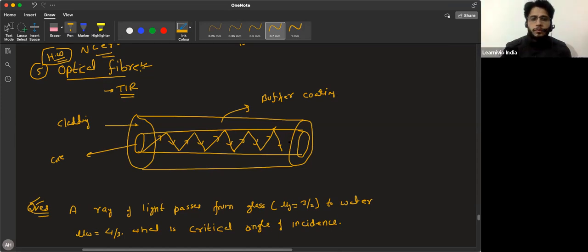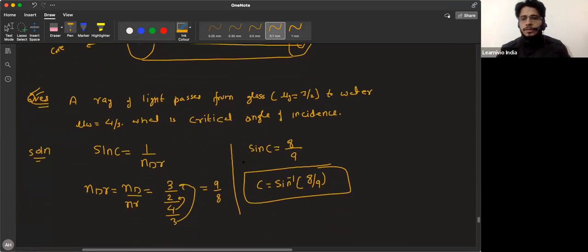No, Faisal, not 1. See, sin c is 1 by the refractive index of denser with respect to rarer. The refractive index of denser with respect to rarer is the refractive index of the denser medium divided by the refractive index of the rarer medium. Denser is glass, which is 3 by 2. Rarer is water, which is 4 by 3. This 3 will come to the numerator, so it will be 9 by 8.